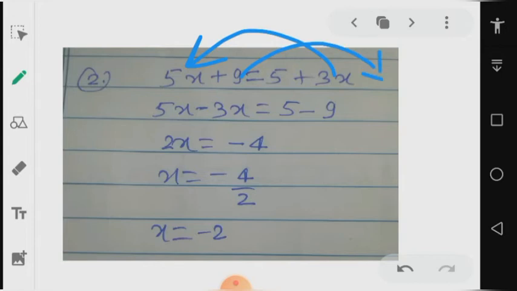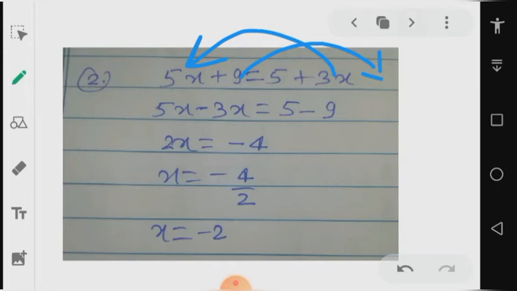It is 5x minus 3x, and constant terms can also be transposed. So this 9 goes to the right hand side and it becomes negative. So it is 5 minus 9. On the left hand side we have 2x and on the right side we have minus 4. Finally, to find x we have to divide the right side by 2, because multiplication is converted into division when changing the side. So x becomes minus 2.